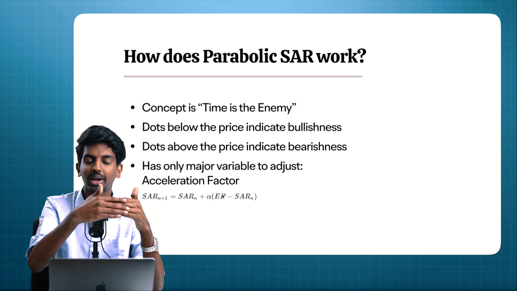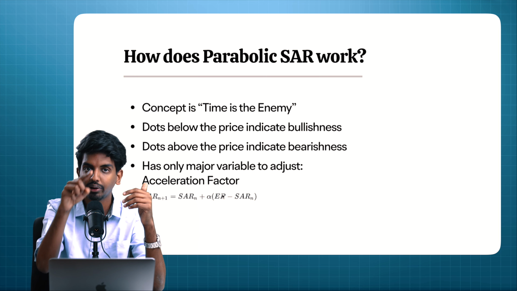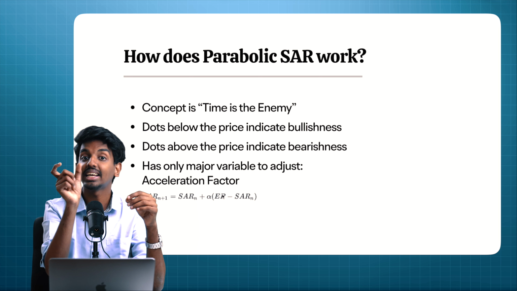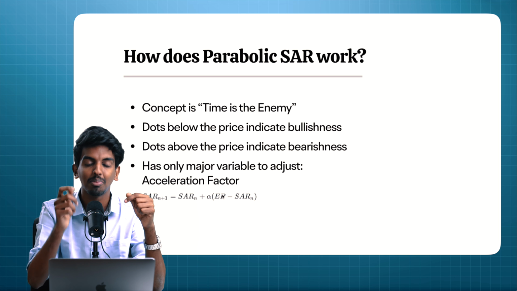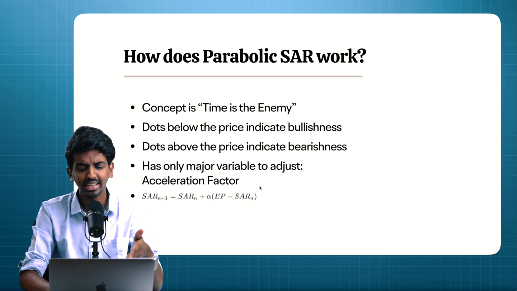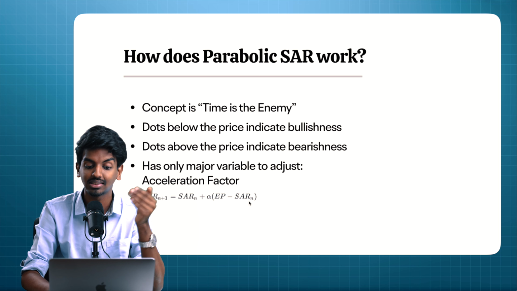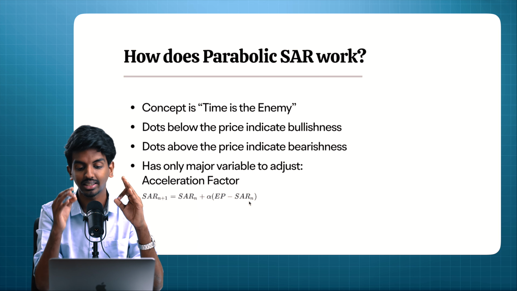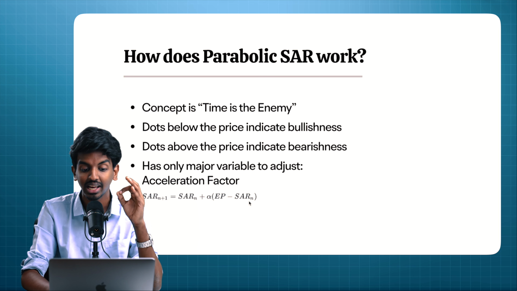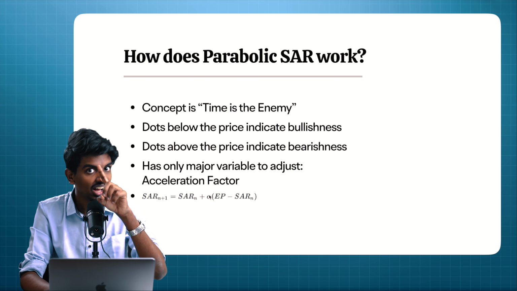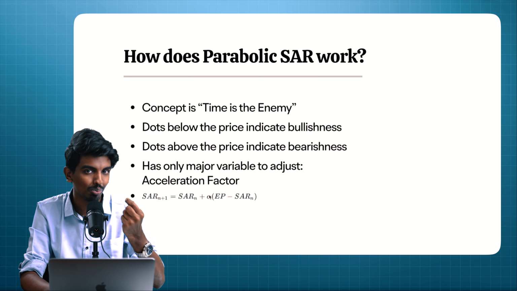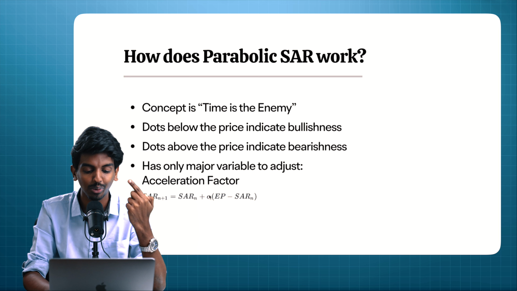So if the price moved to a low of 95 and then started reversing, that 95 will be called an extreme point or extreme price. And yes, then again it calculates the previous SAR value. So you can see that the formula is really easy to understand, and you have to understand why this acceleration factor is important so that you can start thinking about its settings later.